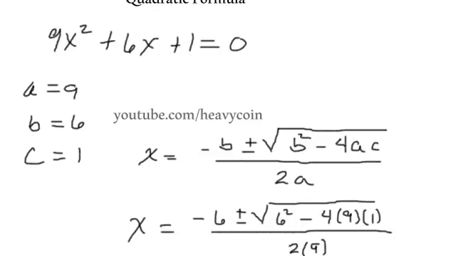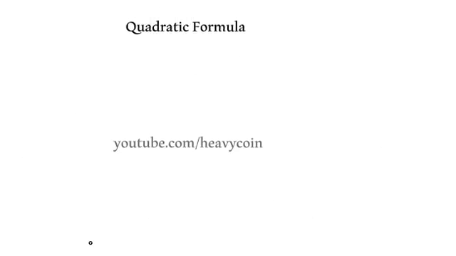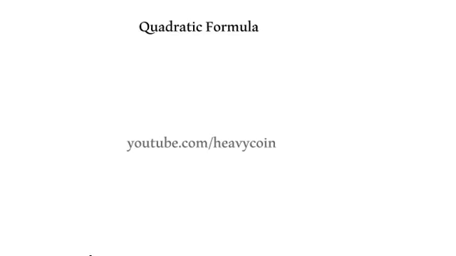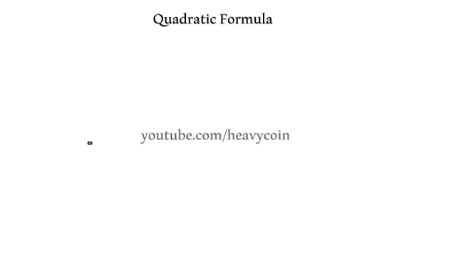Alright, I'm going to work one more of these. I think I'll call it quits on the quadratic formula after this. Let's say we had 2x squared plus 5x plus 7 is equal to 0.